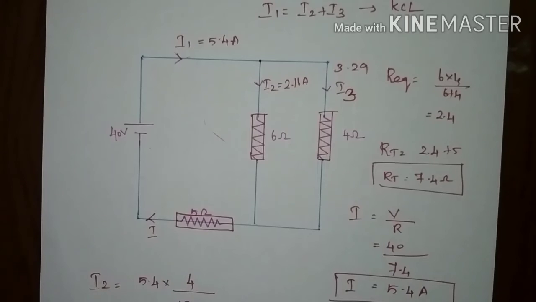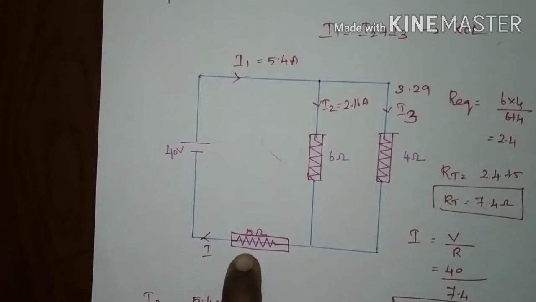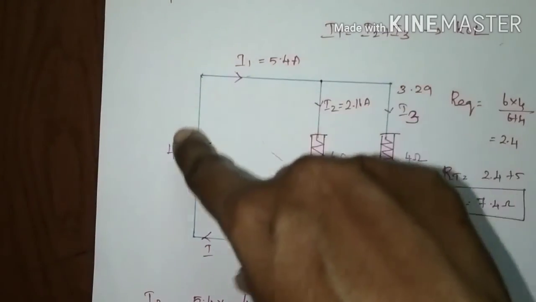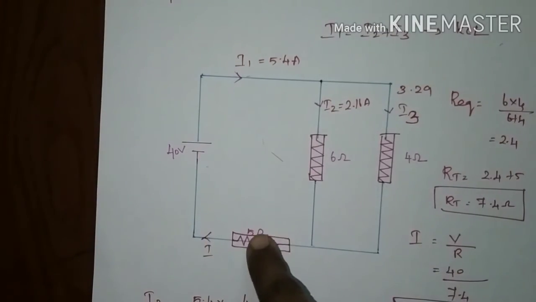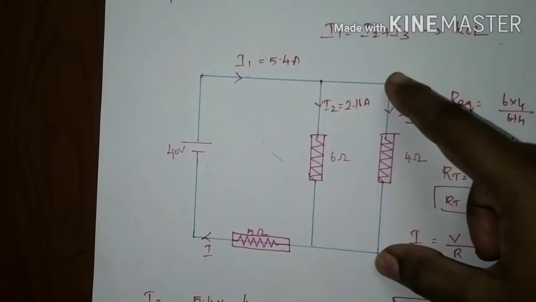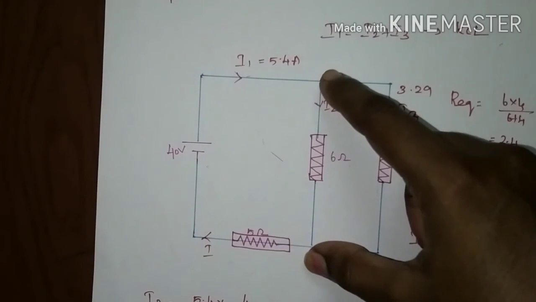Understood? It is very easy. We can use KCL and KVL. We can find the voltage drop across the 5 ohm resistor together with the 40 volt source by applying KVL in this loop alone. That voltage drop will be across the 4 ohm and 6 ohm resistors.